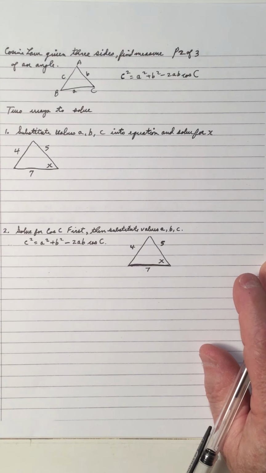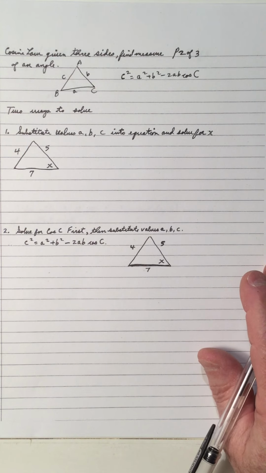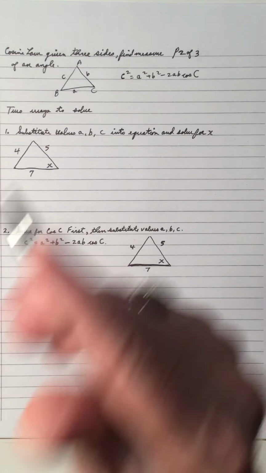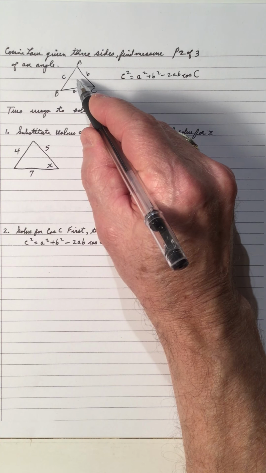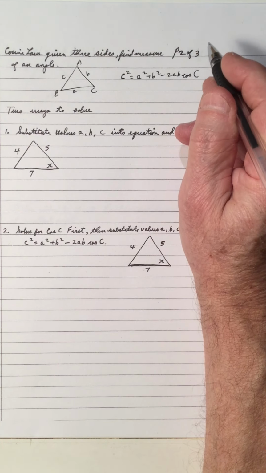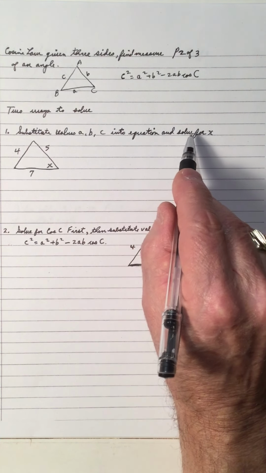I'll show you the two different ways, and then when you use the cosine law and you're given three sides, you can pick your choice. Notice again, this triangle is not a right triangle because there's no right angle. We can't use the sine law because we do not have any angles, so we have to use the cosine law. So one way is to substitute the values of a, b, and c into the equation and solve for x.